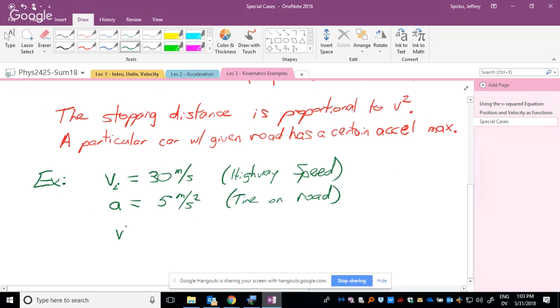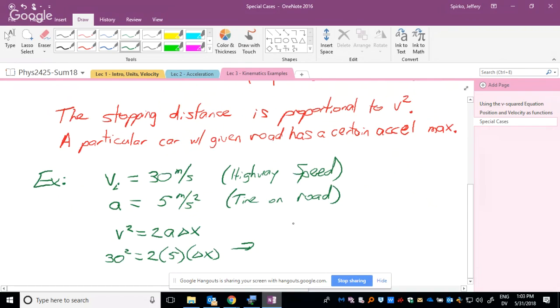So v squared is 2a delta x. So 30 squared is 2 times 5 times delta x.